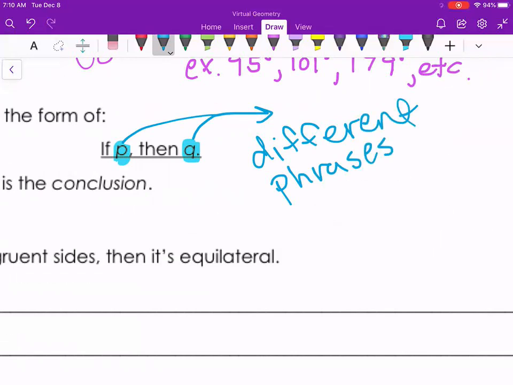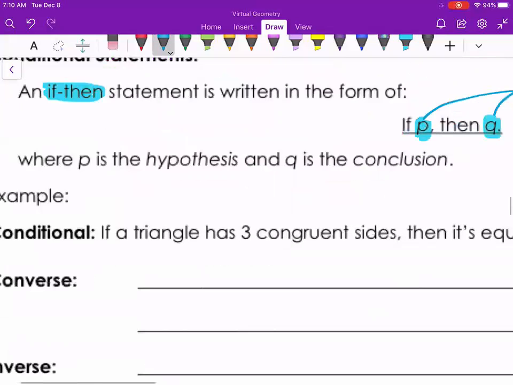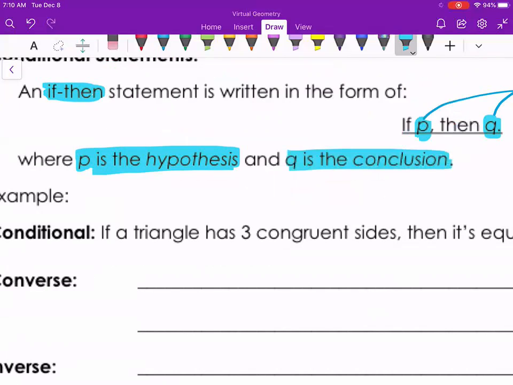P is its own phrase, Q is its own phrase, and they've been put together in one big sentence. So we talked about how P is the hypothesis, and we said Q was the conclusion. So if your hypothesis, then your conclusion.